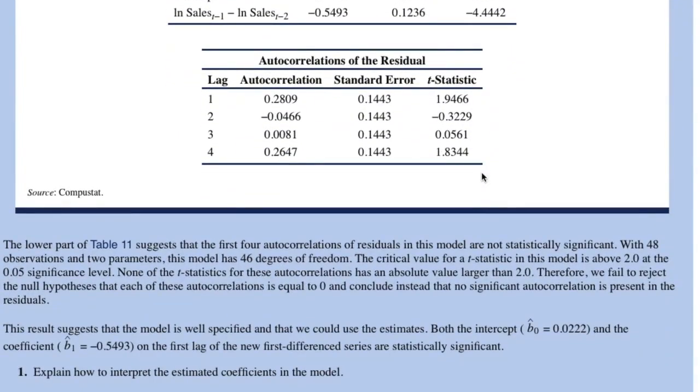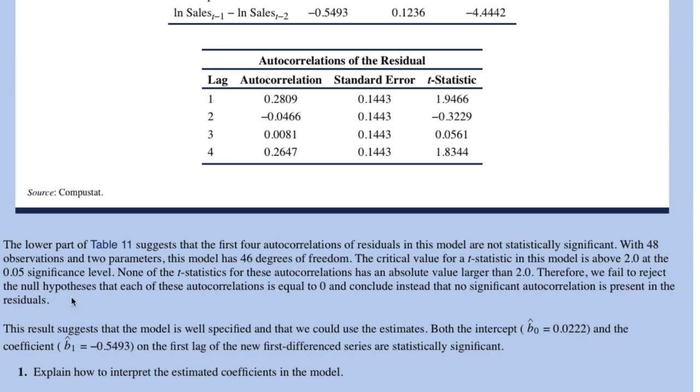So let's see what we have here. The lower part of table 11 suggests that the first 4 autocorrelations of the residuals in this model are not statistically significant. With 48 observations and 2 parameters, the model has 46 degrees of freedom. The critical t statistic in this model is above 2 at the 5% significance level. All right, so none of these are over 2. Good enough. None of the t-statistics for the autocorrelations has an absolute value larger than 2.